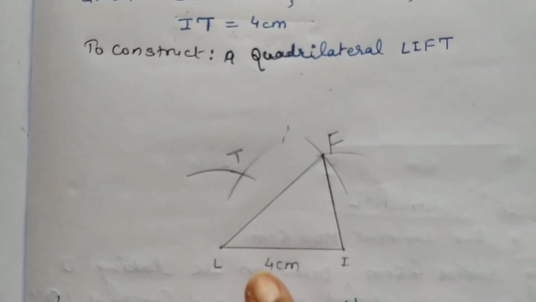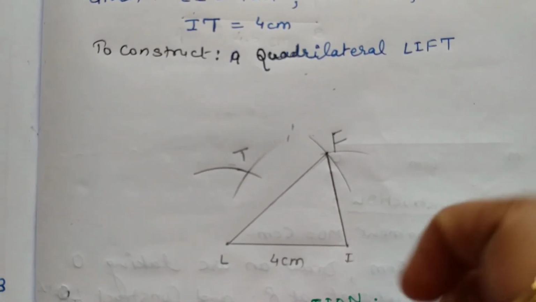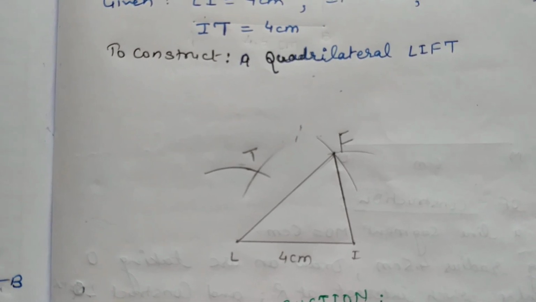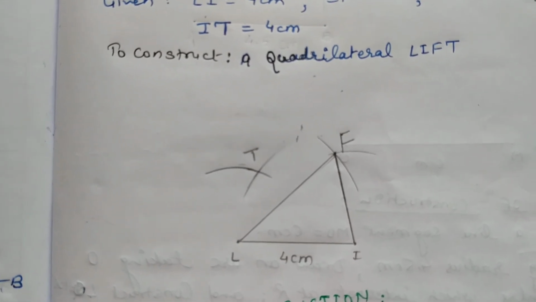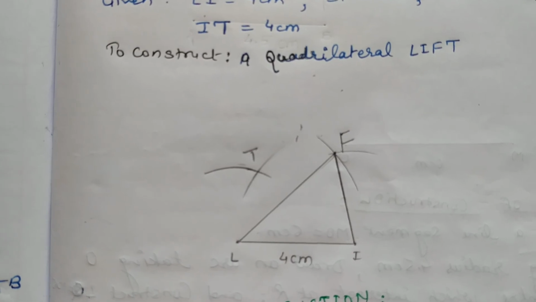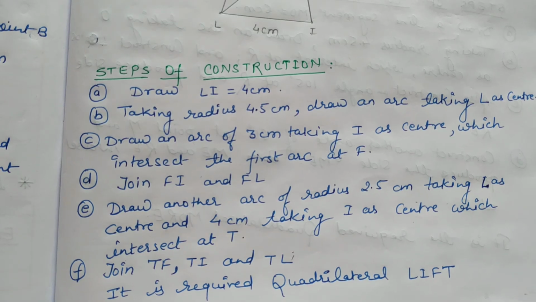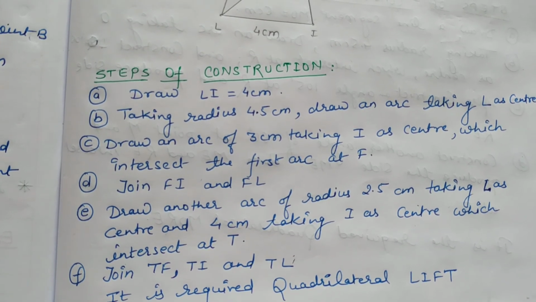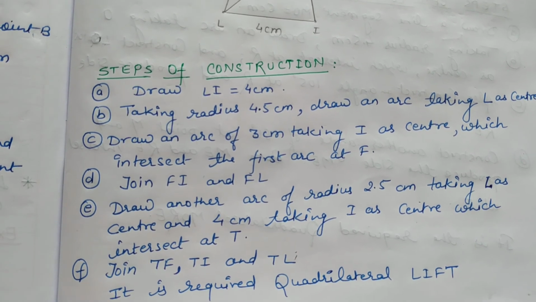Now join LT, TF and TI. So in this way you can get your required quadrilateral. And along with the construction you have to write the steps of construction.